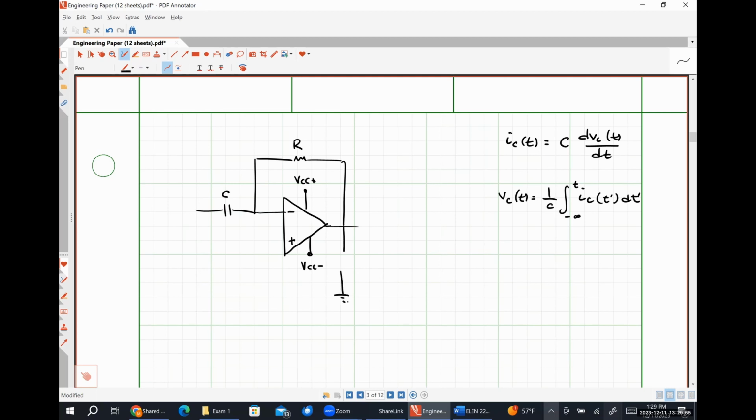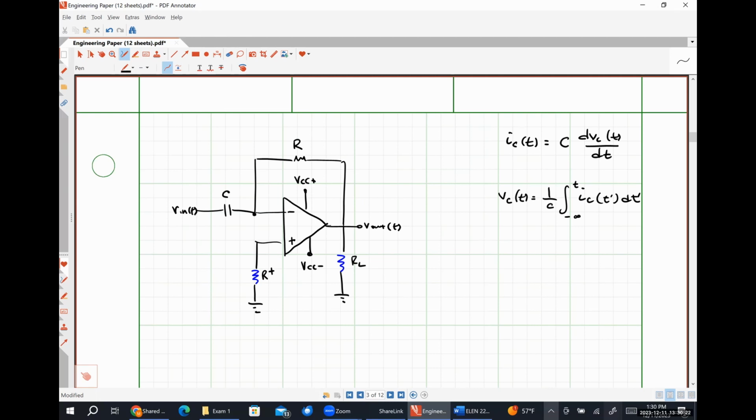Could be driving some load resistance. I may have some resistance here as well. So this will be R plus RL. This is our output voltage as a function of time, and this is our input voltage as a function of time.